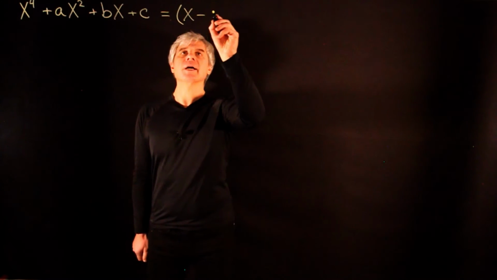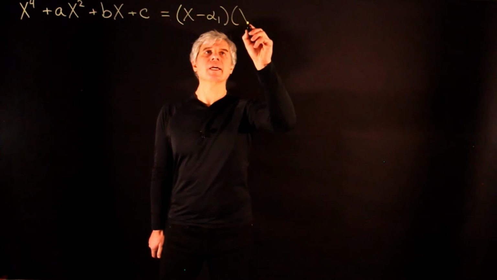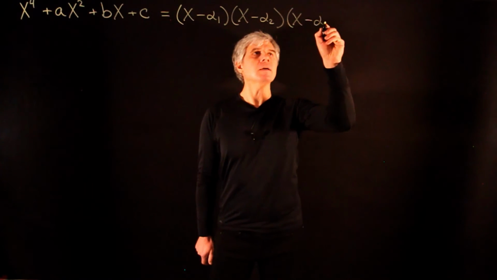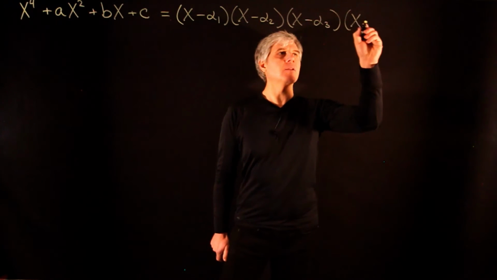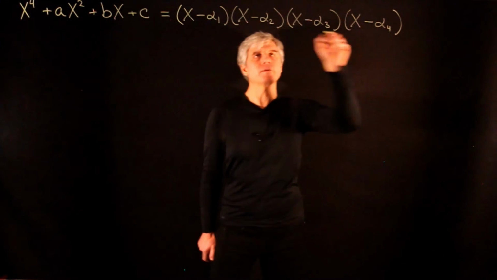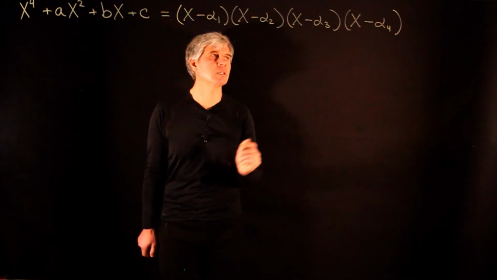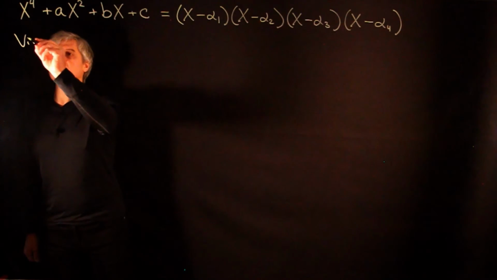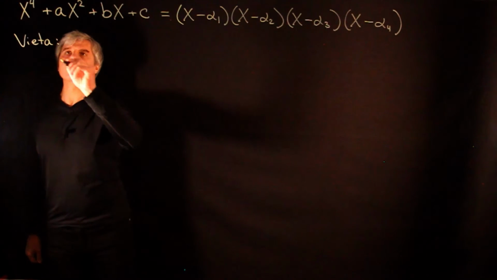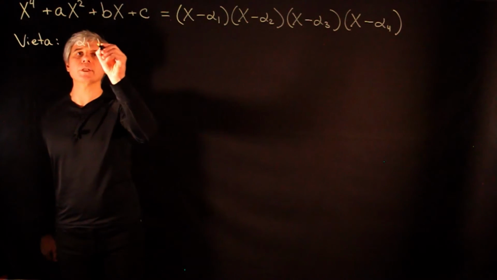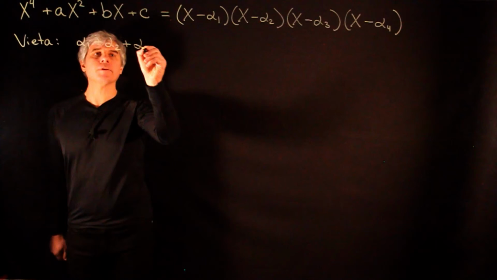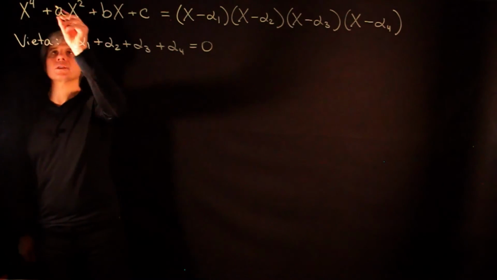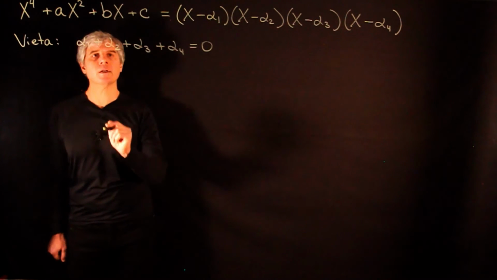So it will be x minus alpha 1 times x minus alpha 2 times x minus alpha 3 times x minus alpha 4, where we treat the roots of this equation as indeterminates. By Vieta's theorem, alpha 1 plus alpha 2 plus alpha 3 plus alpha 4 is equal to 0, because again we have no cubic term here.